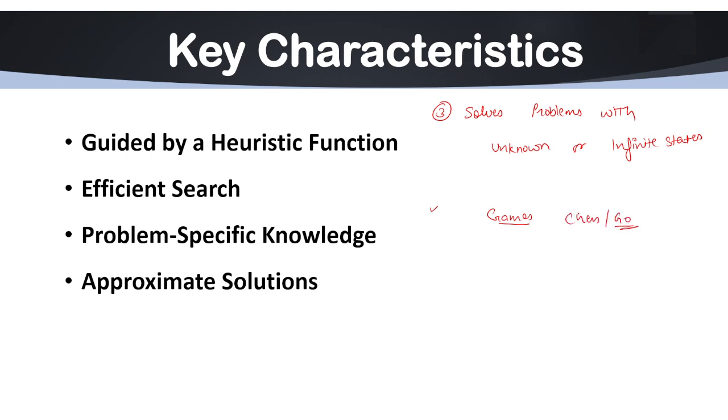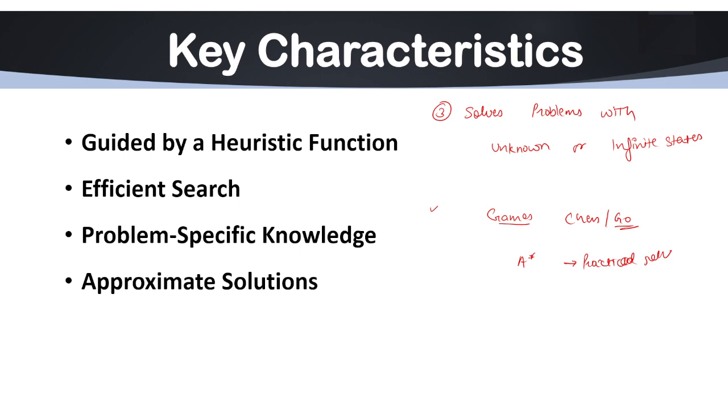These problems have infinite or unknown states, we can say. Heuristic techniques such as A star or the alpha beta pruning technique provide a practical solution by intelligently prioritizing the exploration. That is why we should use heuristic search techniques in AI.